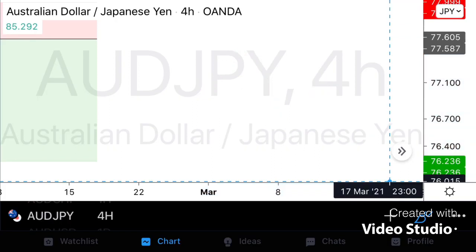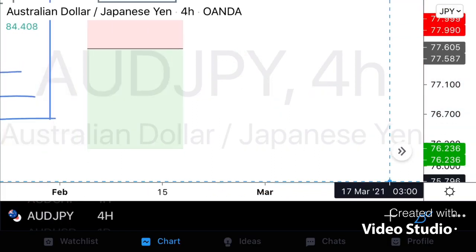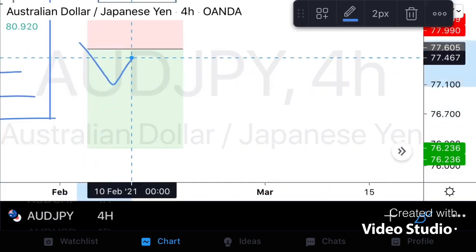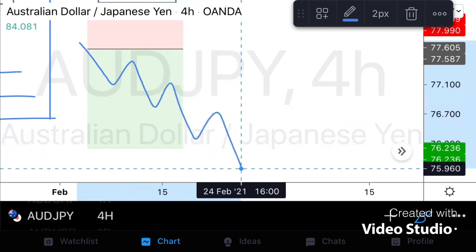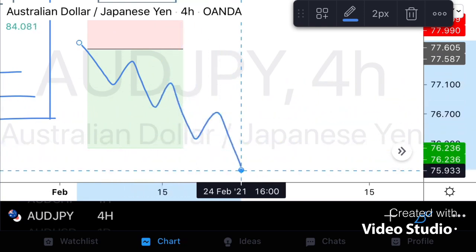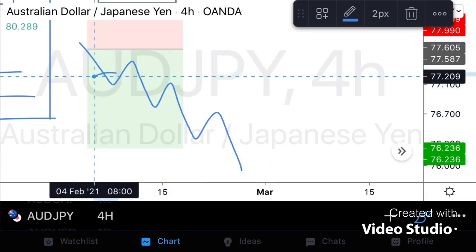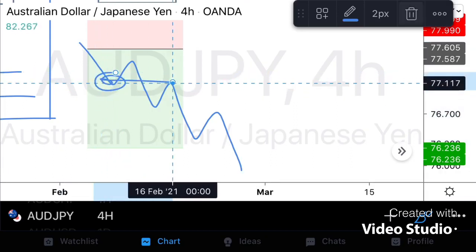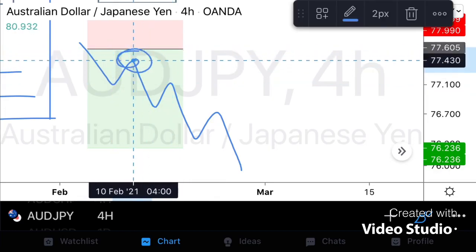So if we look at that exact same example and say that we're entering a sell here, all we'll be doing is trailing stop losses according to the new structure that has been developed. So once we see this low being formed, we expect a lower high because we're in a downtrend.